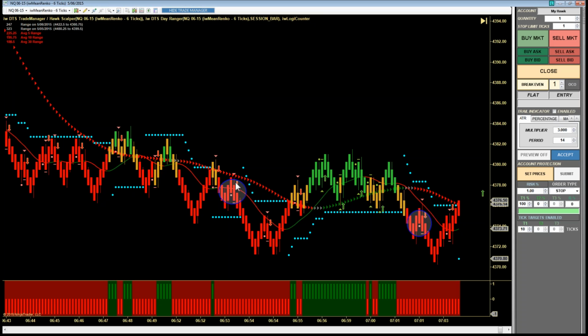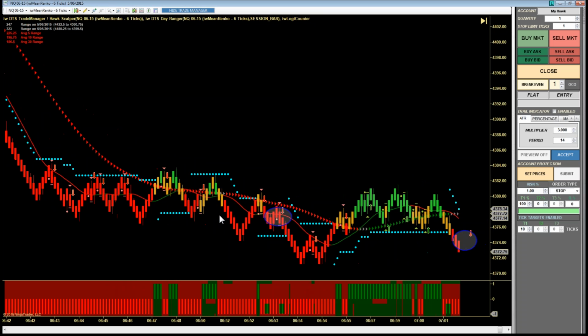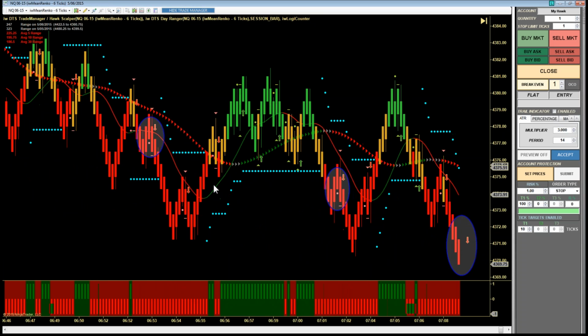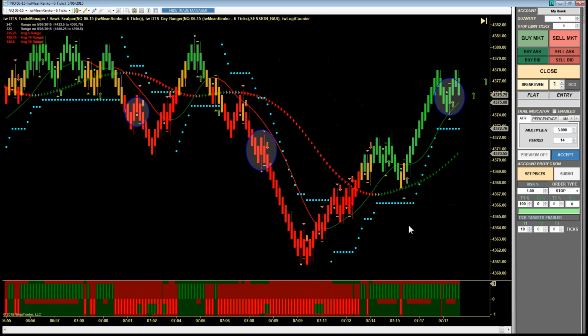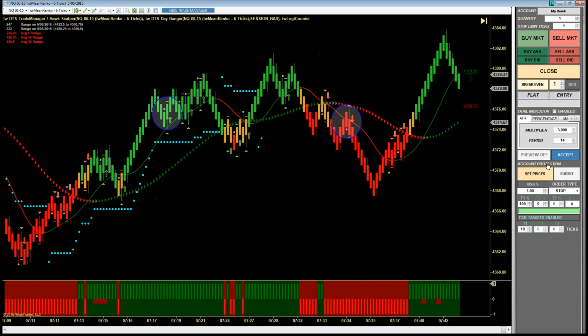So the market comes into sync, everything turns red, and there's our signal, even though technically the trend lines did not cross. But you can see over the span of the last half hour or so, we have 1, 2, 3, 4, 5 first micro macro cross signals.